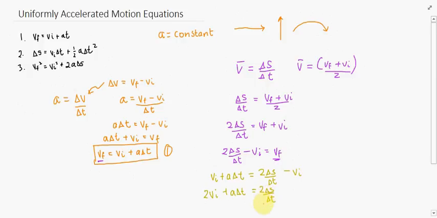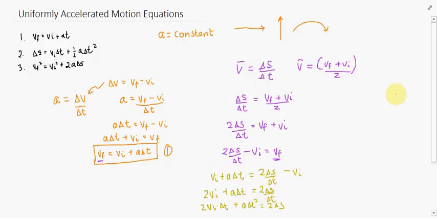Then I'll multiply all of these by delta t so I can get rid of this. So this becomes 2 times vi times delta t plus a times delta t squared is equal to 2 times delta s.